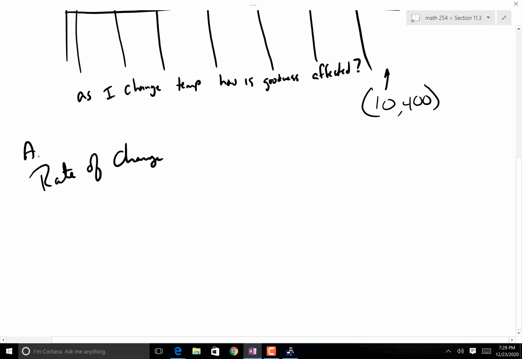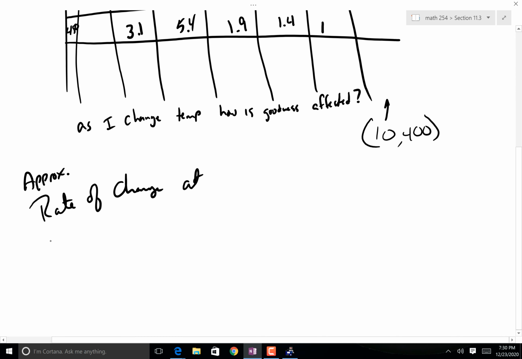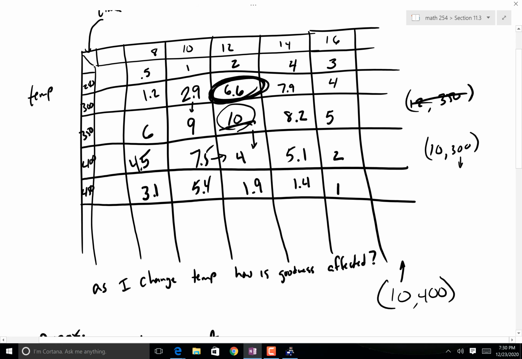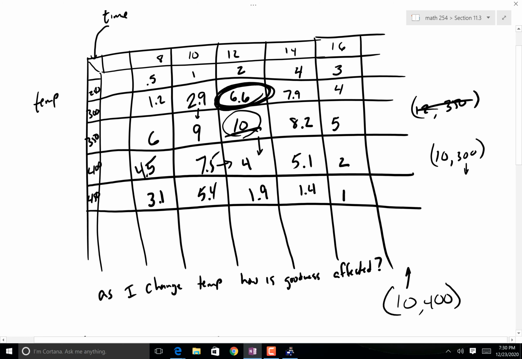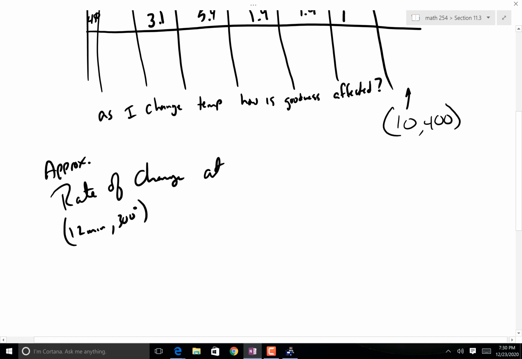And we're going to approximate it at 12 minutes, 300 degrees. Okay? Now, how would you do that? Well, it seems to me, anywho, that what rate of change at that time?